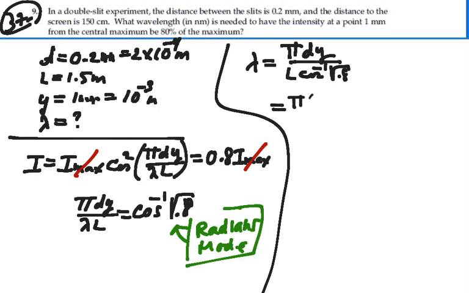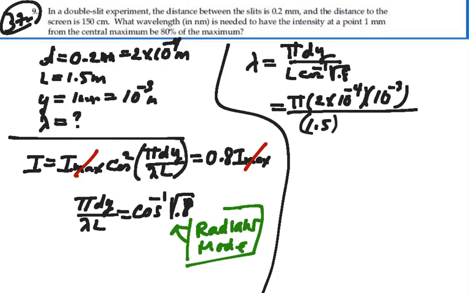So this is pi times d, 2 times 10 to the minus 4, times y, 10 to the minus 3, L is 1.5, and then we have the cosine inverse of the square root of 0.8. It was 0.4636.